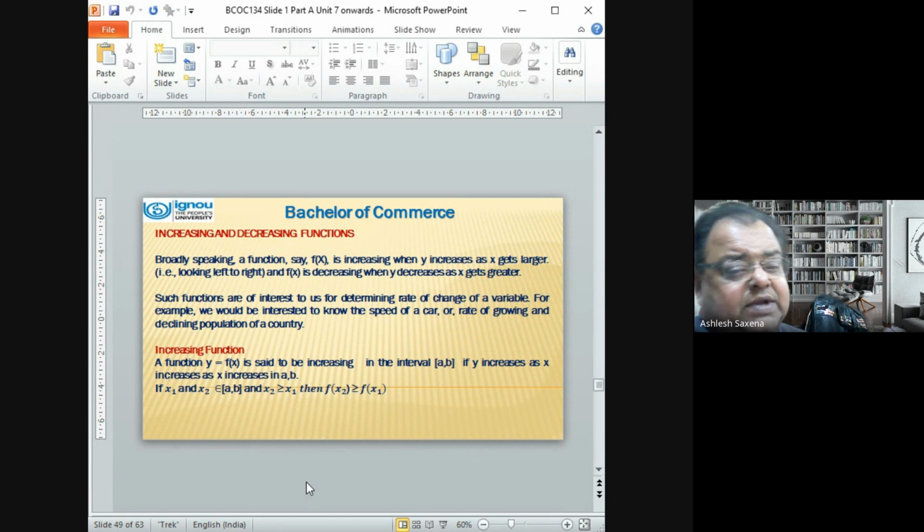What happens in an increasing function? A function f(x) is said to be increasing in the interval a, b if y increases as x increases.